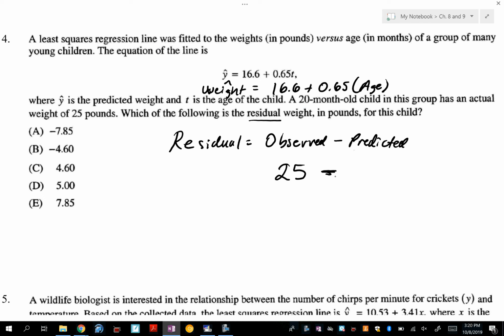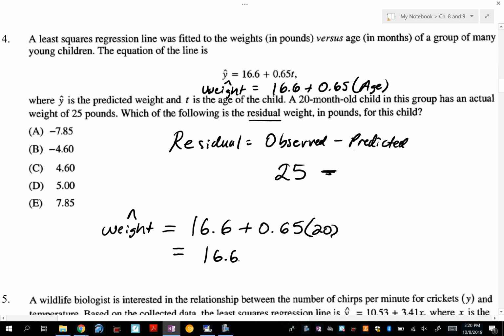So in this case, I'm going to plug in 20 where it says age. It's going to be 16.6 plus 0.65 times 20. So 20 times 0.65: times 10 will be 6.5, double that, and you get 13.